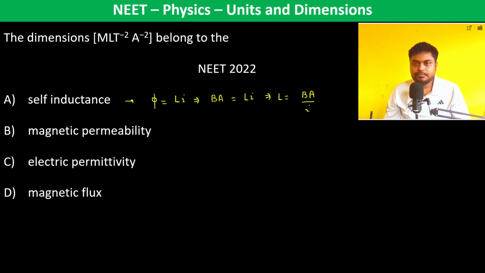Now what is B? F is equal to QV cross B, so B is F by QV.